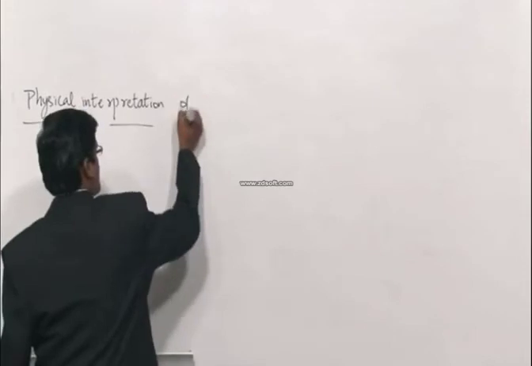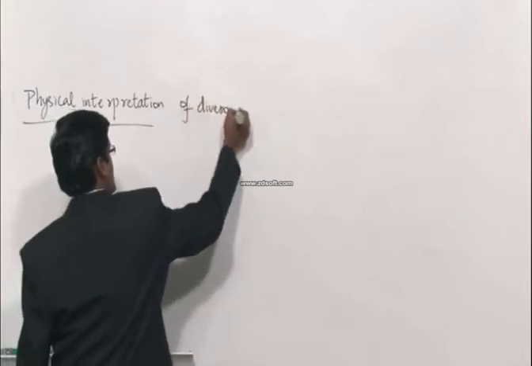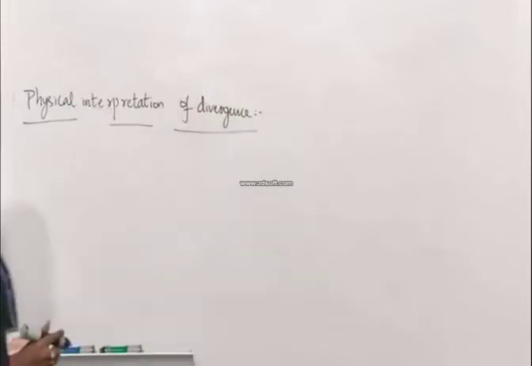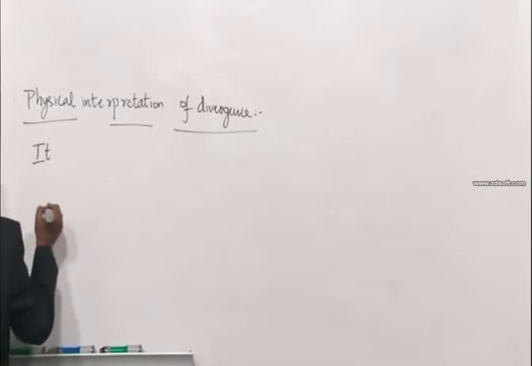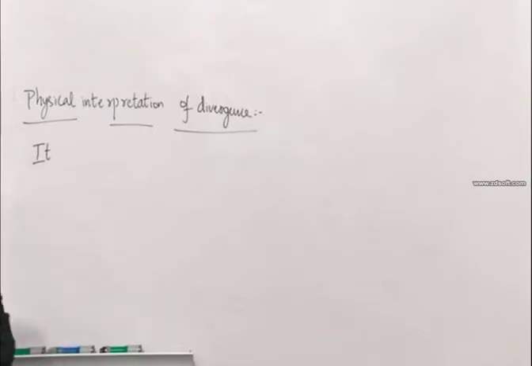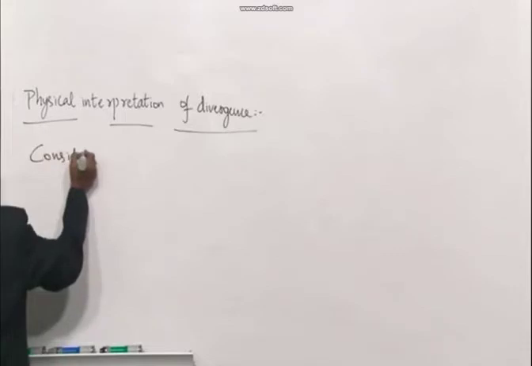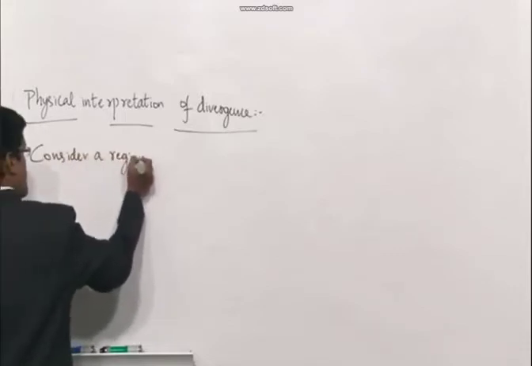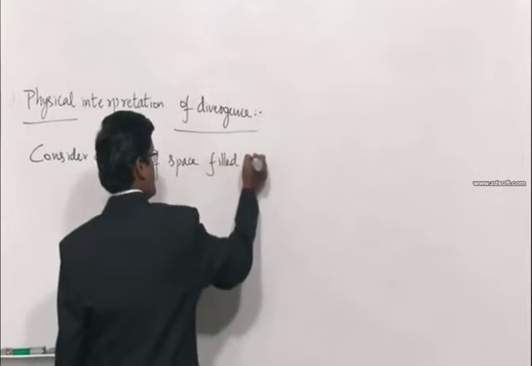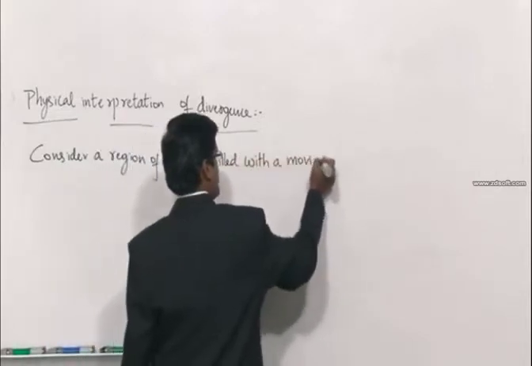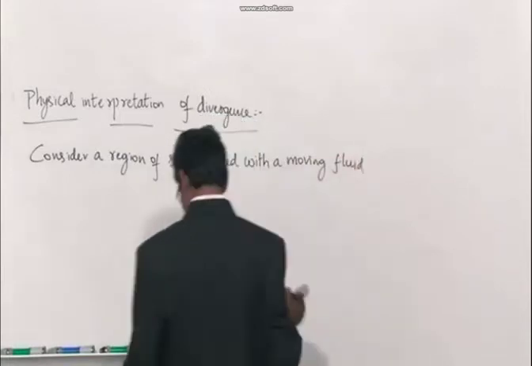Physical interpretation of divergence. Consider a region of space filled with a moving fluid.